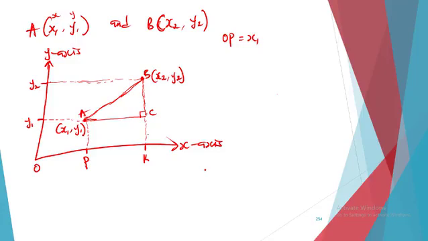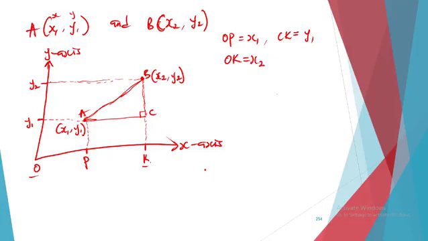And then line CK, this line is the line from 0 to y1. So line CK is equal to y1. Is that correct? Now line OK from here to here gives us x2.